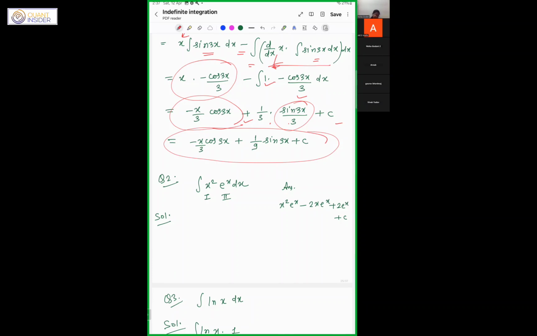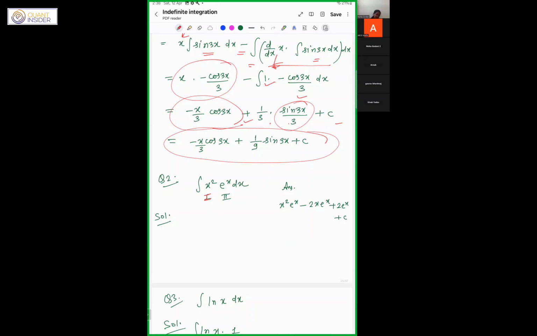Let's see here. If you check by the ILATE rule, inverse trigonometric is not there, logarithmic function is not there, only algebraic is there. So x square is taken as the first function and e to the power x is the second function.